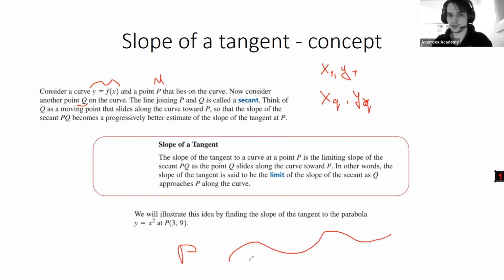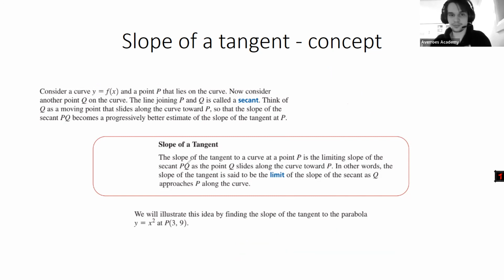Let's imagine this is the curve, you see? P is going to be a fixed value, and Q is going to move like on rails. It's going to follow this curve. It's like, I don't know, a Six Flags roller coaster. It's fixed to the domain.